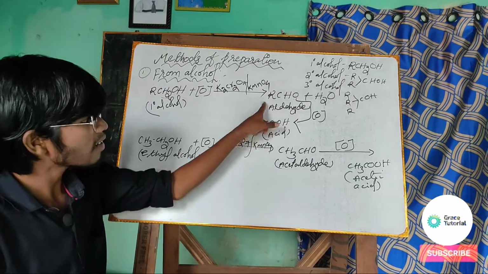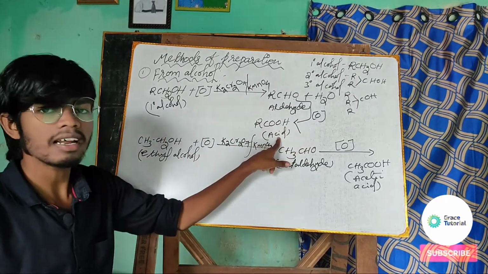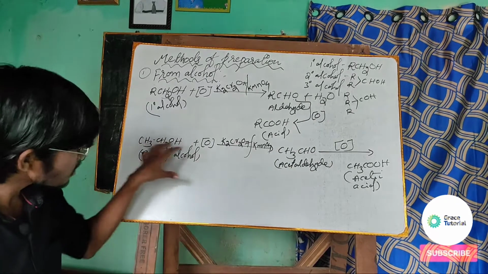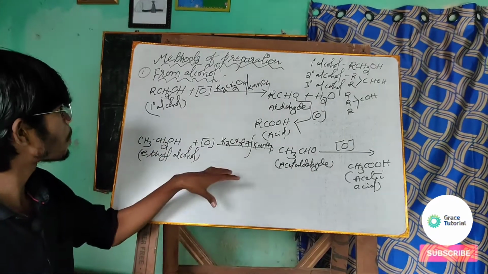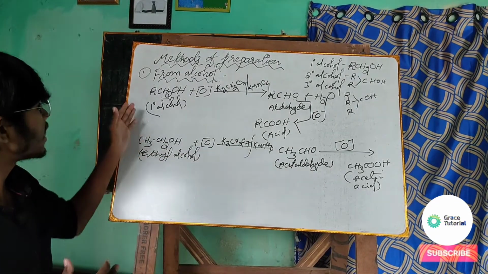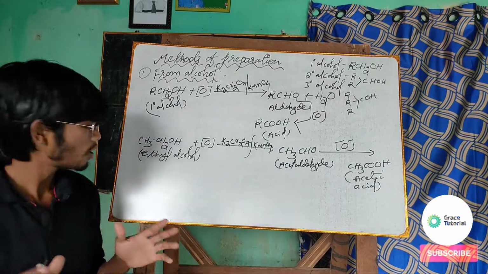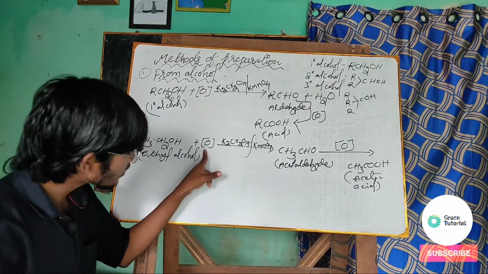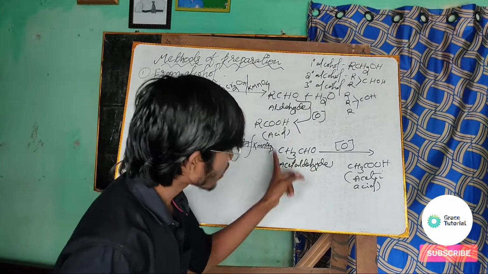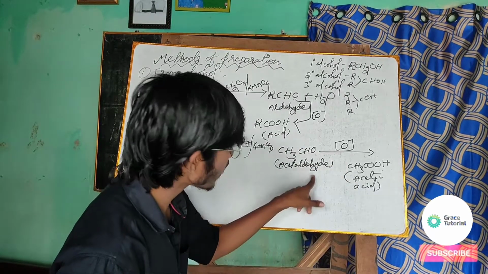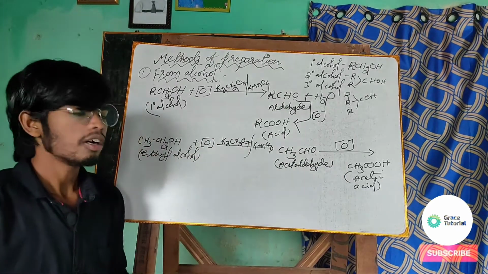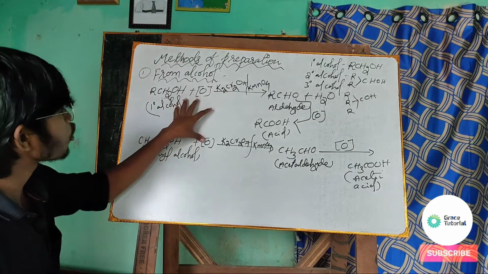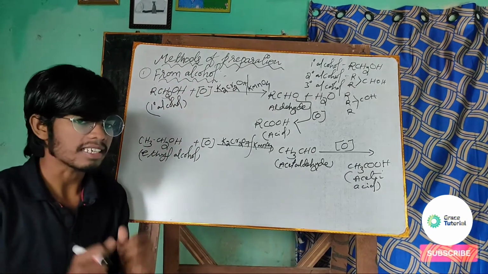If that aldehyde is further oxidized, then acid results. This is the specific example: I have just placed the methyl group in the place of this R. So when ethyl alcohol gets oxidized, acetaldehyde is obtained, and further oxidation of acetaldehyde gives acetic acid. This is the first method of preparation of carboxylic acid.